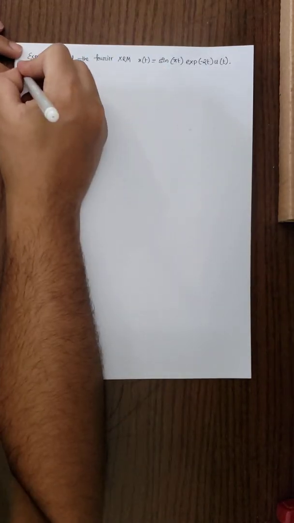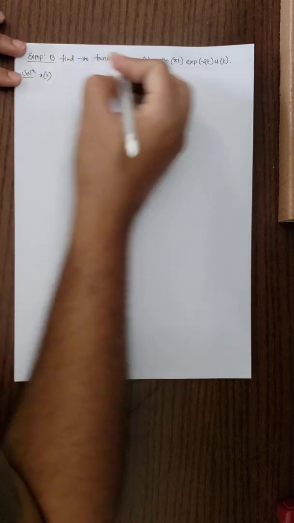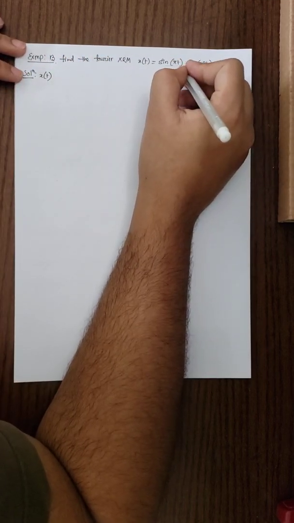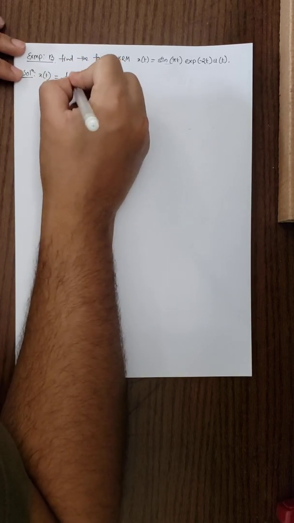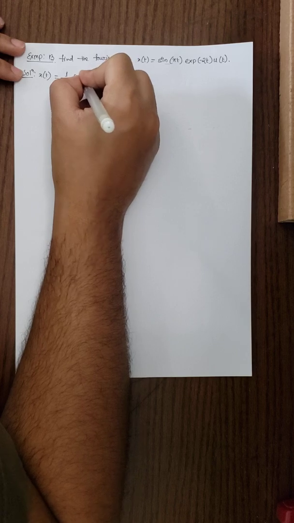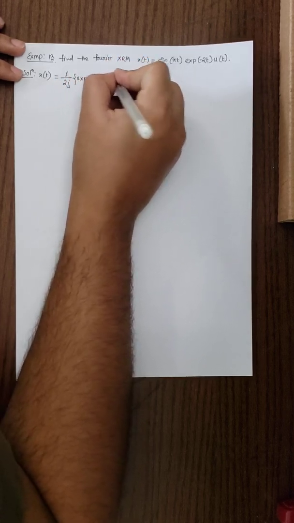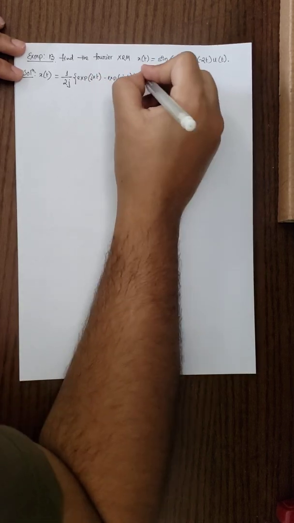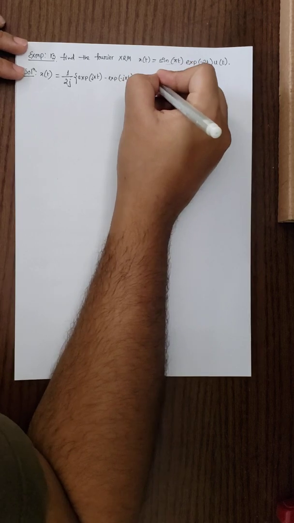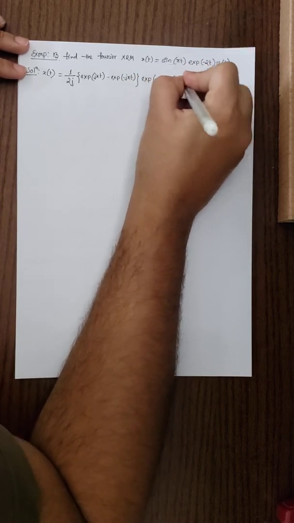Now sine of pi t can be expanded using Euler's relation to be 1 over twice j times e to the power j pi t minus e to the power minus j pi t, times e to the power minus 2t u of t.